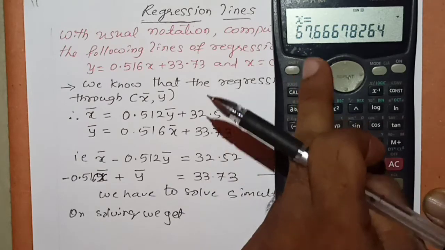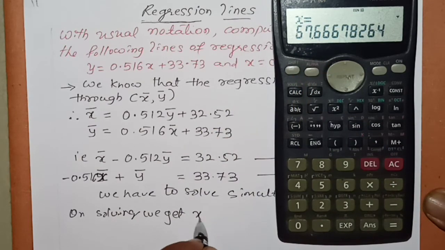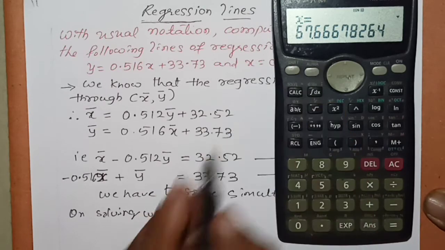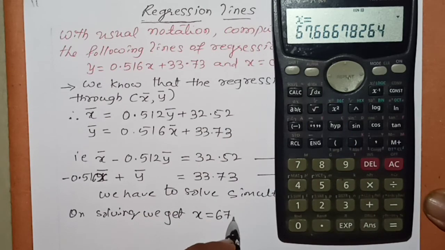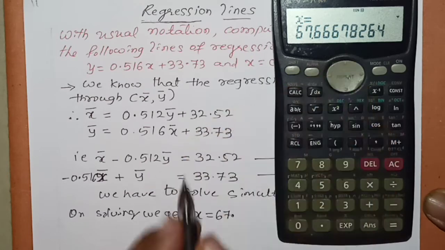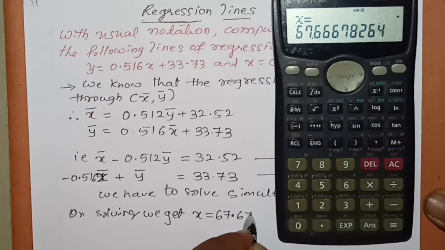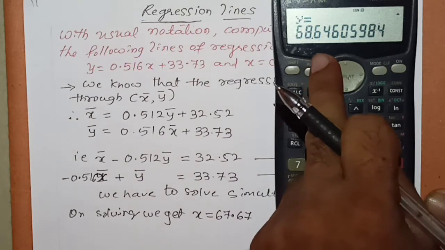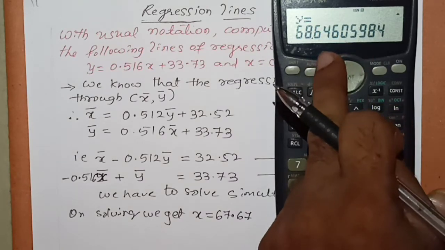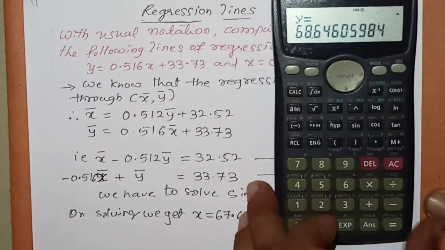So we get x is equal to 67.666, I will write 67.67. Next the value of y is 68.646, I will write 68.65.